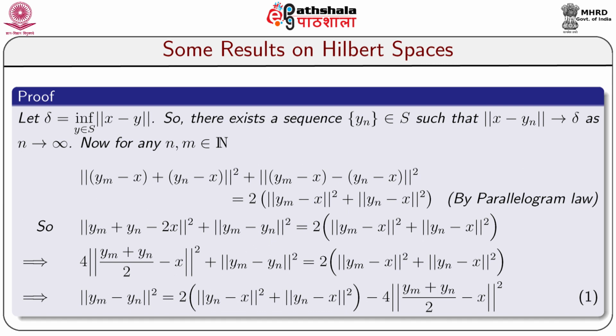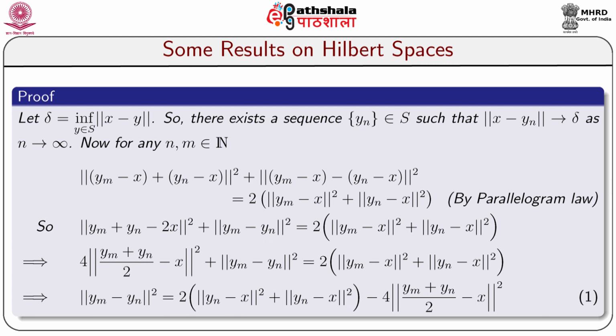Now, for any n, m belonging to the natural numbers set N, we get, by the parallelogram law, norm of ym minus x plus yn minus x whole square plus norm of ym minus x minus yn minus x whole square equal to 2 into norm of ym minus x whole square plus norm of yn minus x whole square.